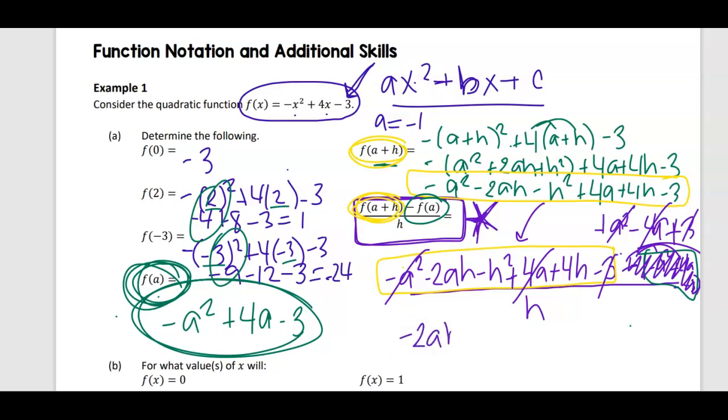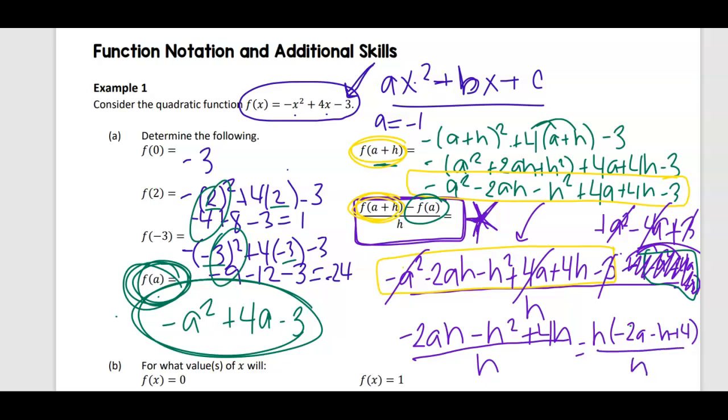Negative 2ah minus h squared plus 4h all over h. If I factor out an h, I'm left with negative 2a minus h plus 4 all over h. These h's will cancel, and this ends up being my final answer.